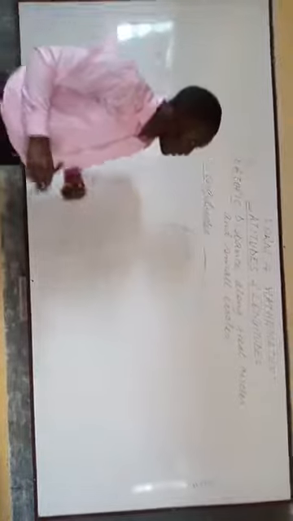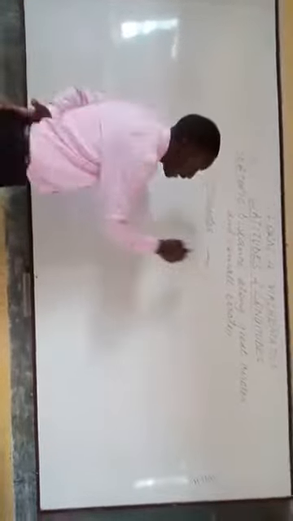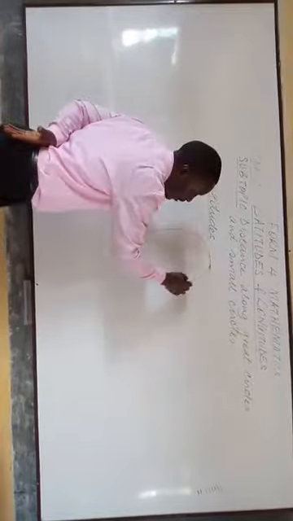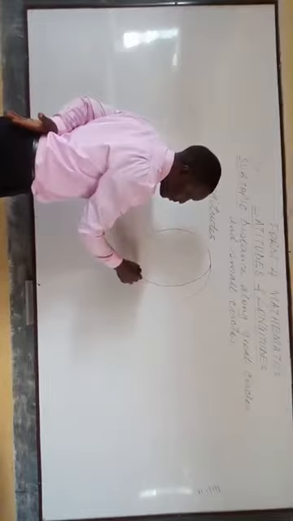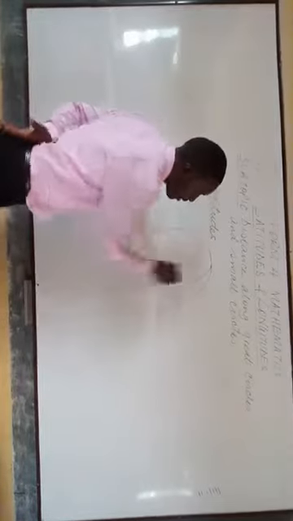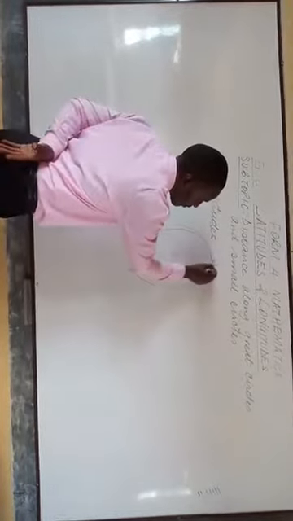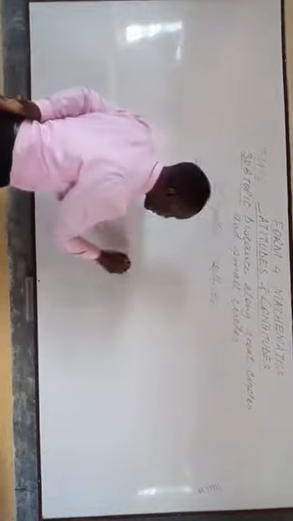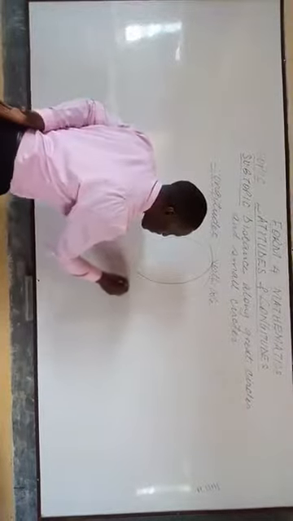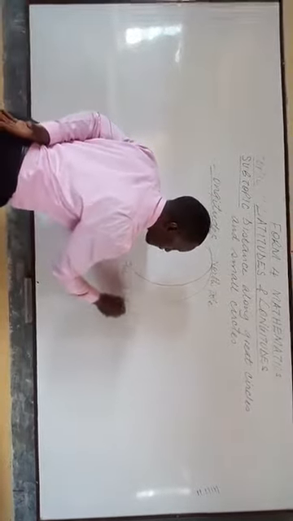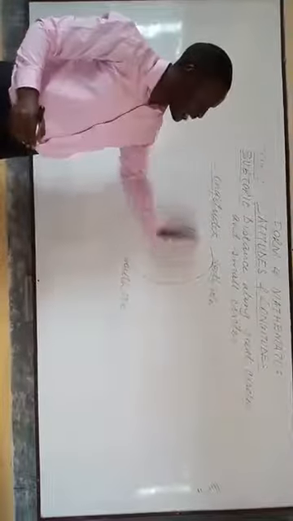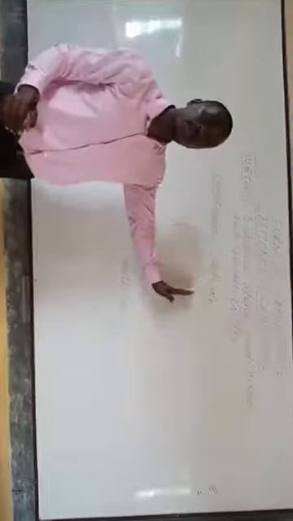So longitudes are lines that run from the North Pole all the way to the South Pole like that. This is the North Pole again. This is the South Pole. And their primary use is to tell us how far east or west a place is.